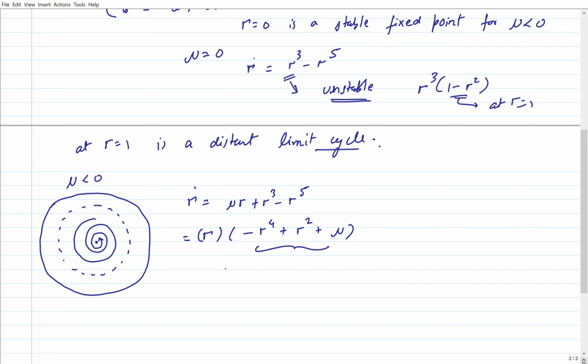So I can solve this equation to find the other attractors. If I put r squared equals some t, that's a quadratic equation in t, and the roots are given by r squared equals half plus or minus the square root of 1 plus 4 mu, over 2.